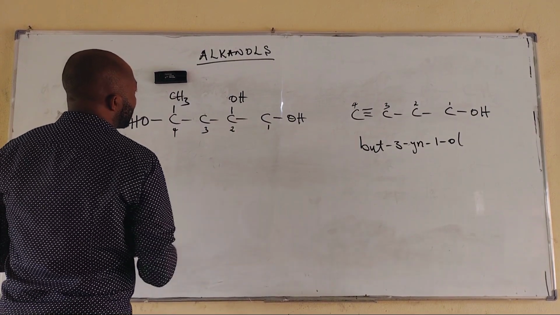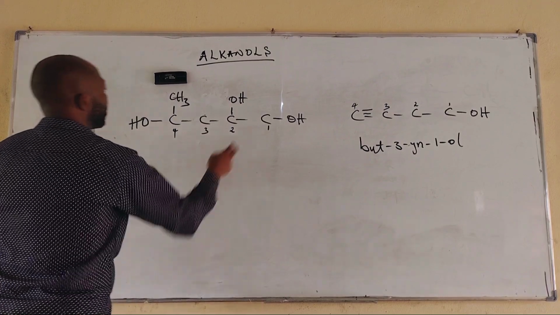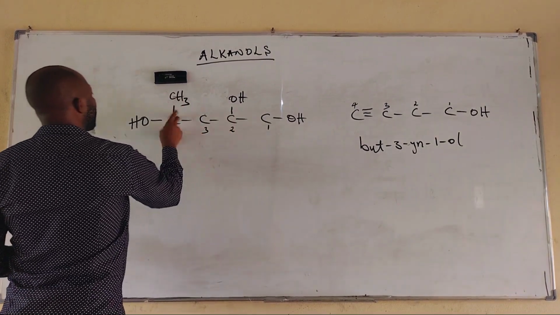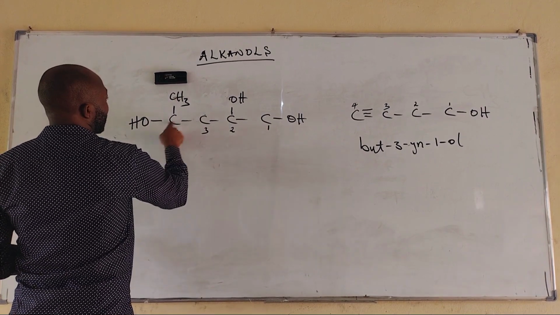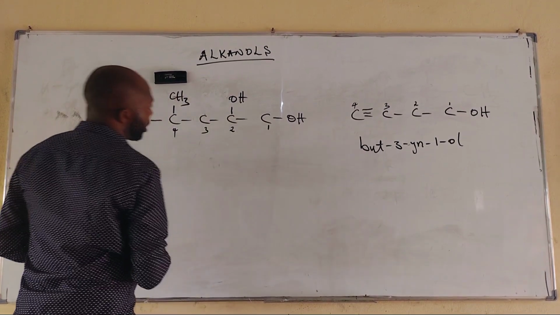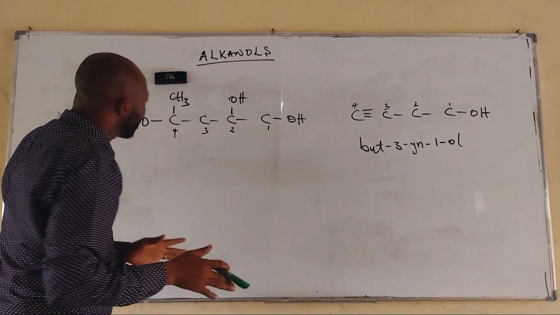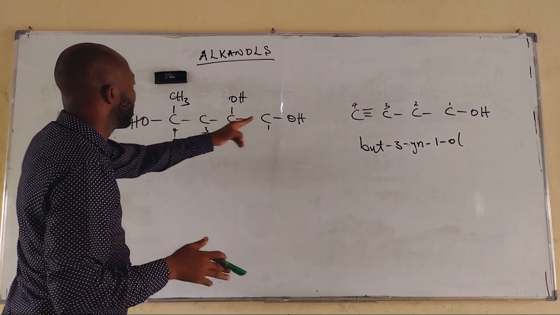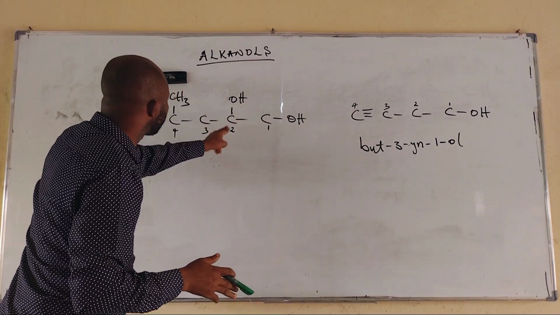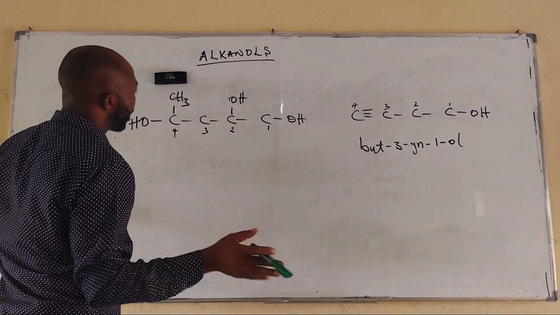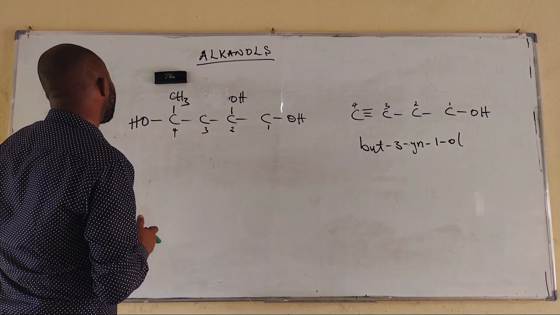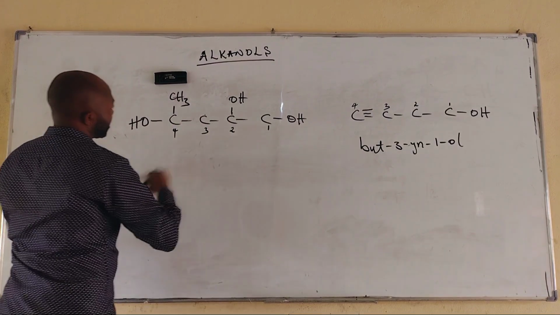Now I want to name it. I have 1, 2, 3, 4, methyl, butane, 1, 2, 4 triol.